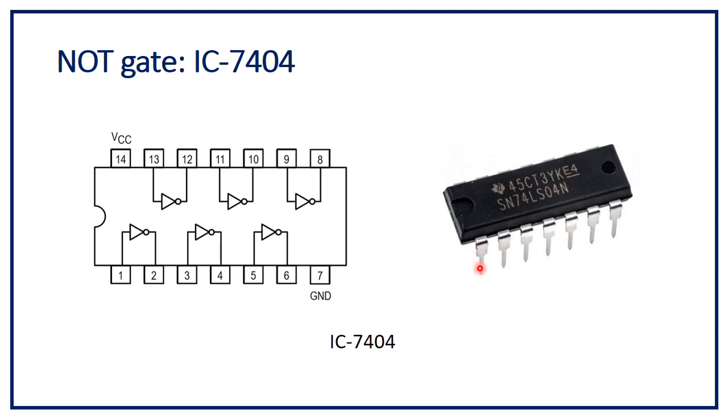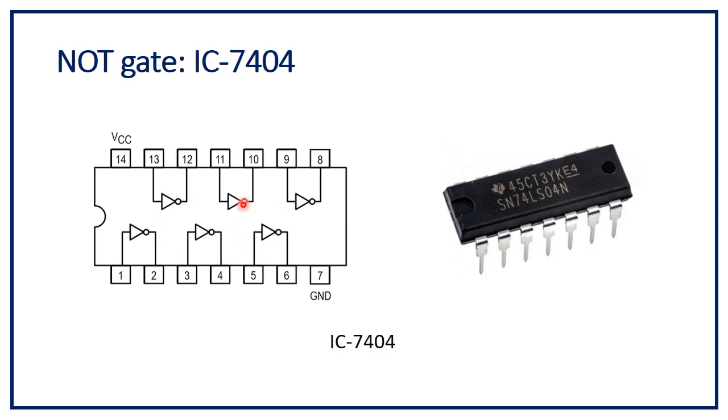So from the bottom left pin, pin number 1, 2, 3, 4, 5, 6, 7, 8, 9, 10, 11, 12, 13, 14. This is a 14 pin IC. Here pin number 7 is ground and pin number 14 is VCC. So pin number 7 is always connected to ground and pin number 14 is always connected to plus 5 volts.